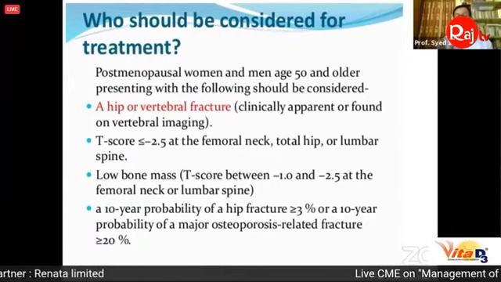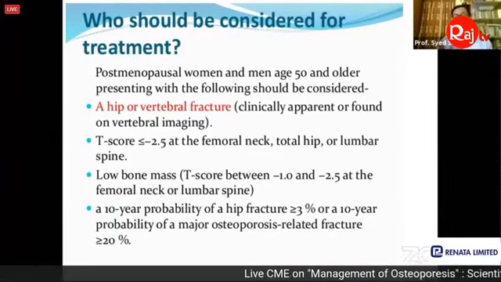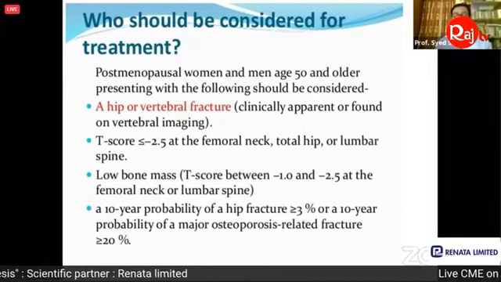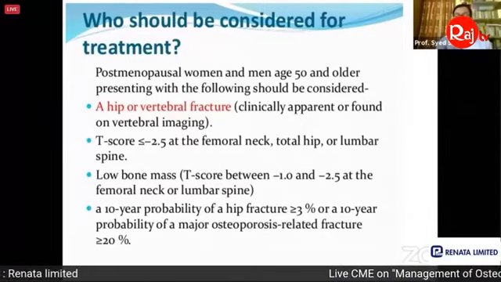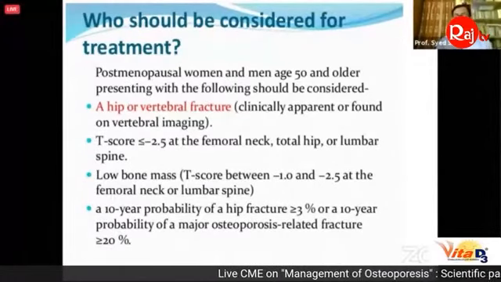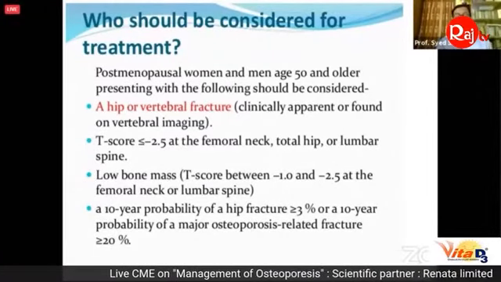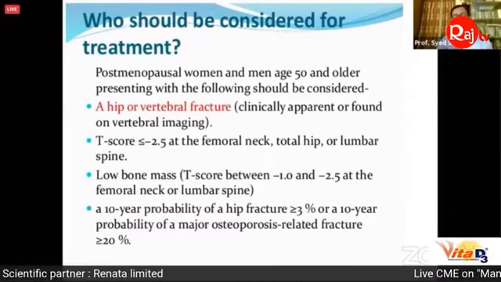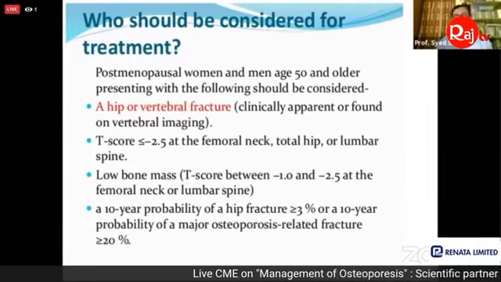Low bone mass, that is a T-score between minus 1 and minus 2.5 at the femoral neck or lumbar spine, with a 10-year probability of hip fracture of 3% or more, or a 10-year probability of major osteoporosis-related fracture of 20% or more. It can be assessed using FRAX, but that is not available in our country.